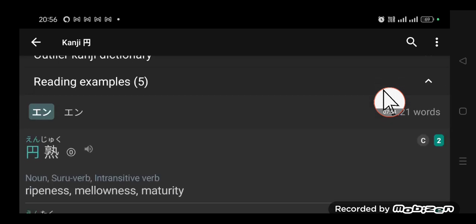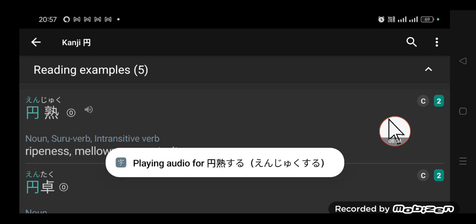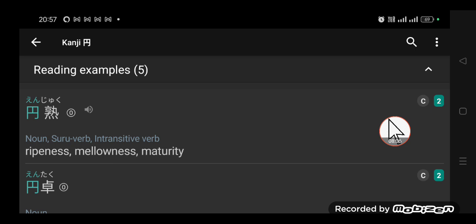Enjuku means ripeness. Enjuku, ripeness. 円熟する. And you can see it's also a suru verb, enjuku suru. Make it ripe, make it mature.